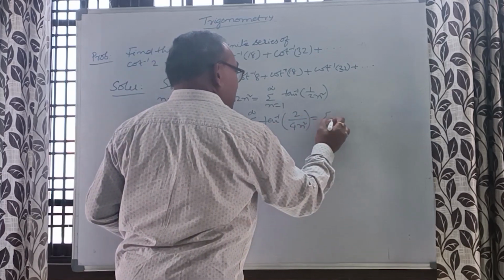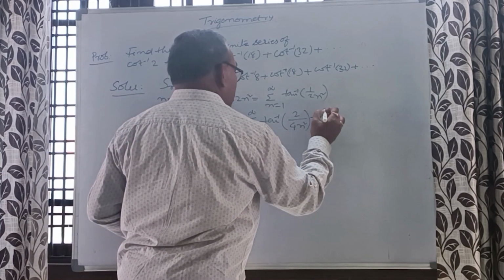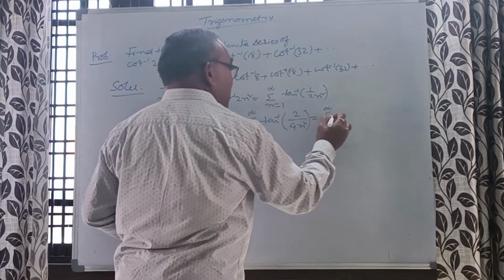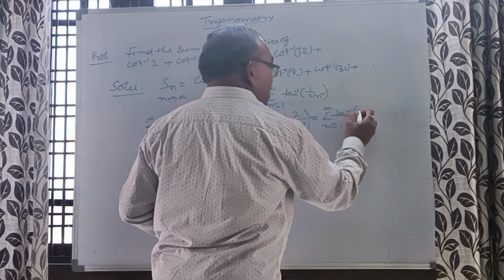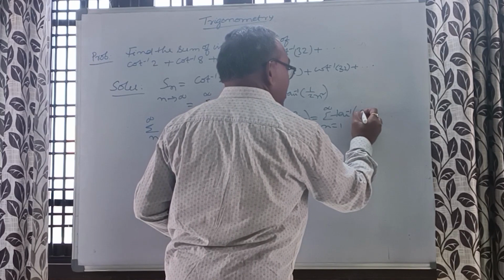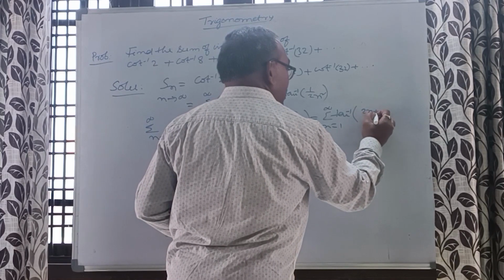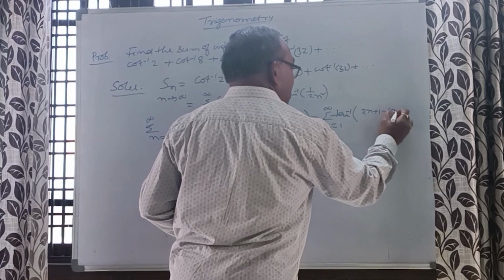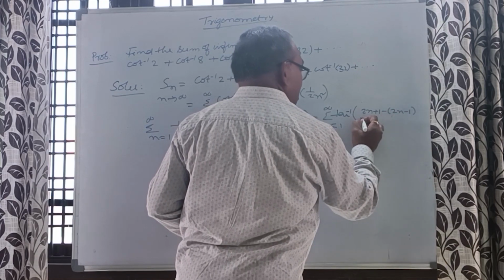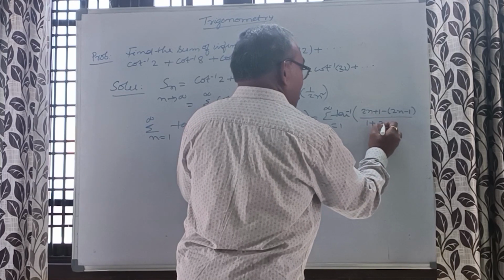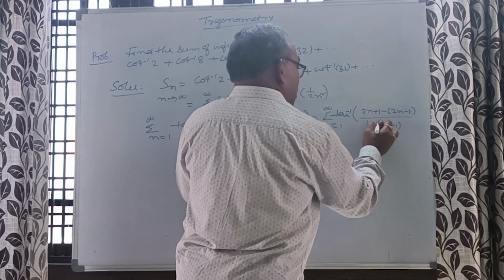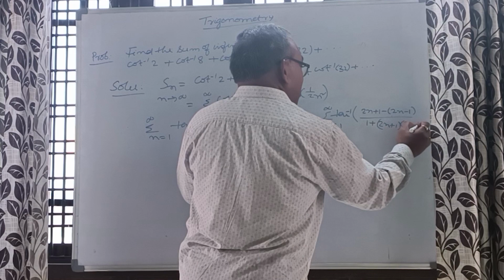Again, tan inverse of 2, where this 2 can be split like this: 2n plus 1 minus 2n minus 1, by 4n square, which can be written as 2n plus 1 into 2n minus 1.